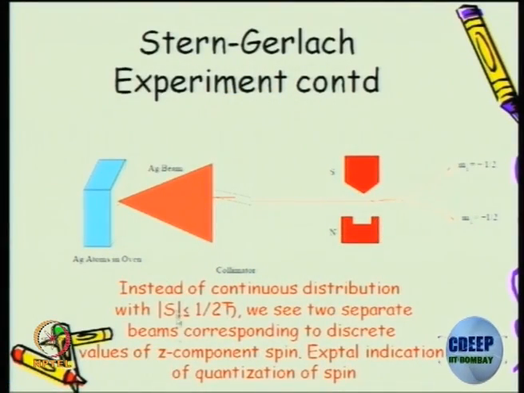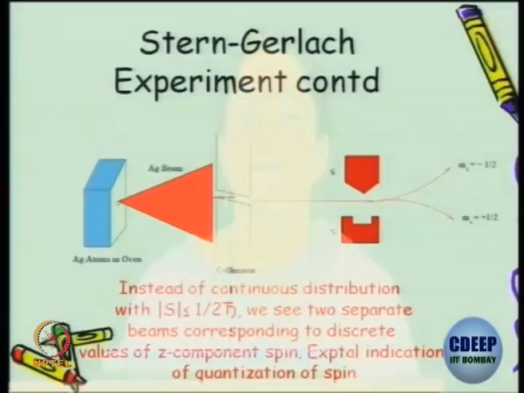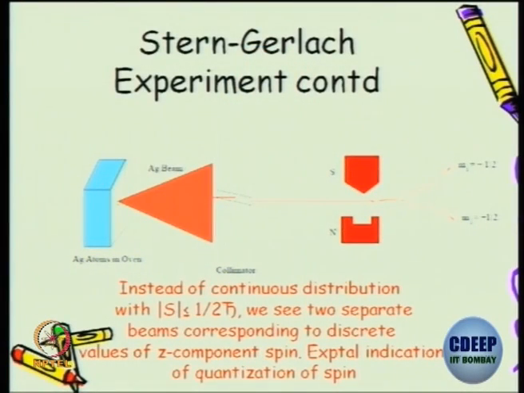The same quantum concept applies even to silver atoms. Silver atoms are almost like L equal to 0 states, so they will not have orbital angular momentum. That is why we can pinpoint that this corresponds to the spin angular momentum. Otherwise, we would have to worry about whether there is also orbital angular momentum. So, this is an indication that we have quantization of spin angular momentum.